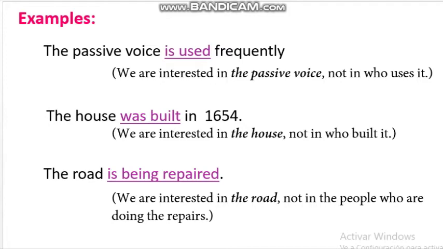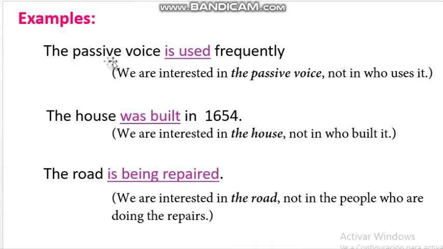Okay, we are going to see other examples. The passive voice is used frequently. When we say this sentence, we are very interested in the passive voice itself, not in who uses it.